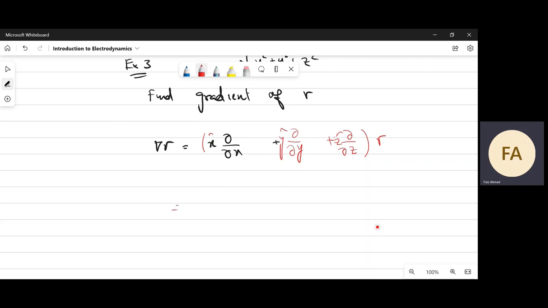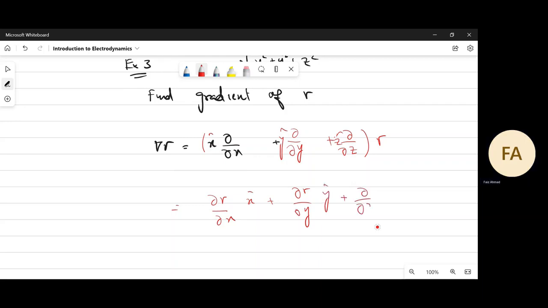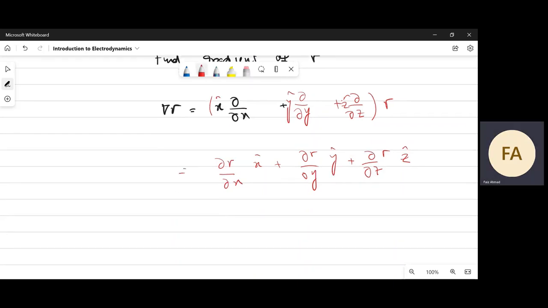So it will become partial r over partial x plus partial r over partial y plus partial r over partial z. So we have to take the derivative of r with respect to x, y, and z, all three.